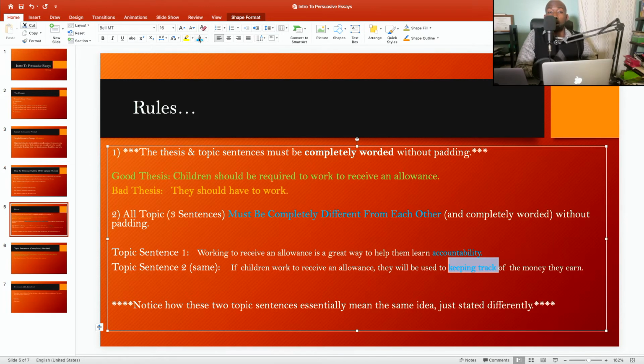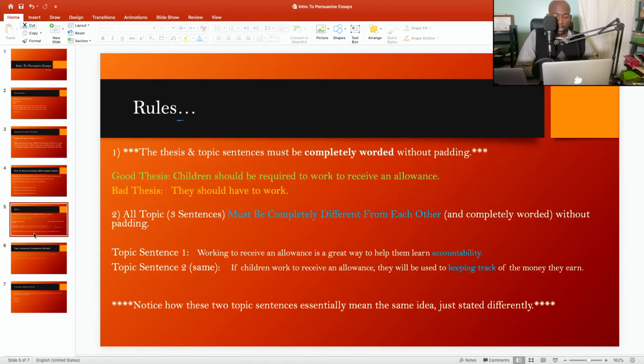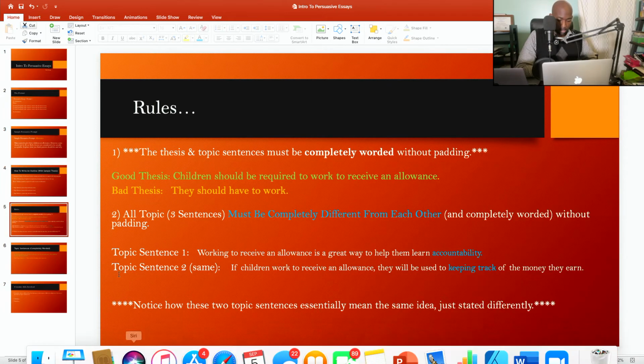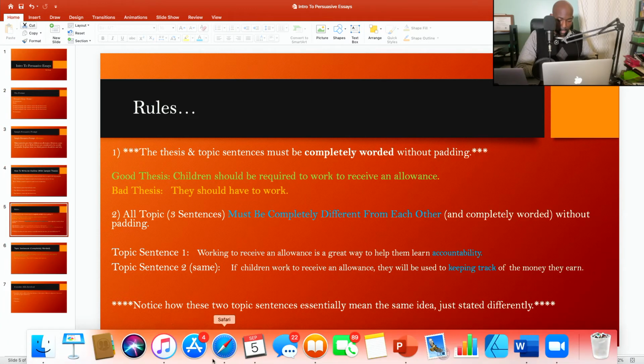And so it's just critical to recognize, when I go to write the body paragraph, am I really going to be saying something different than what I'm saying in this paragraph? Okay, in this case, these 2 paragraphs would overlap. And so it's just important that each topic sentence be distinctly different. So, to help with that, let me get back here.